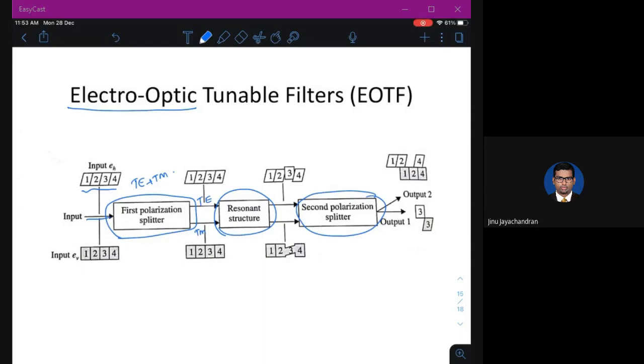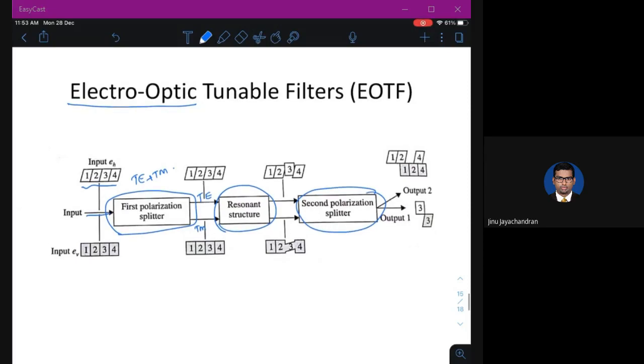In the resonance structure, there will be some tunable parameter by which you can change some properties of the input polarized wave, which when transmitted to the second polarization splitter will split into the desired wavelengths.